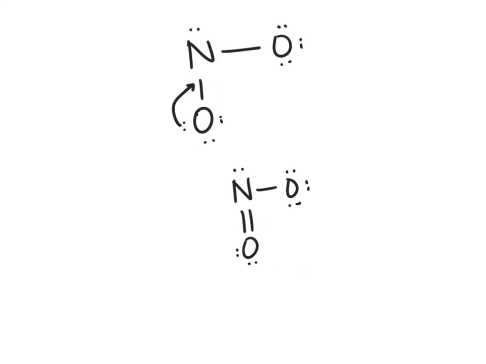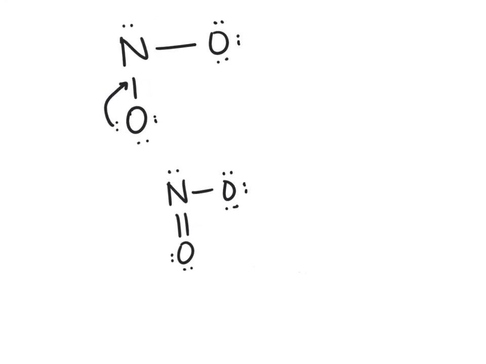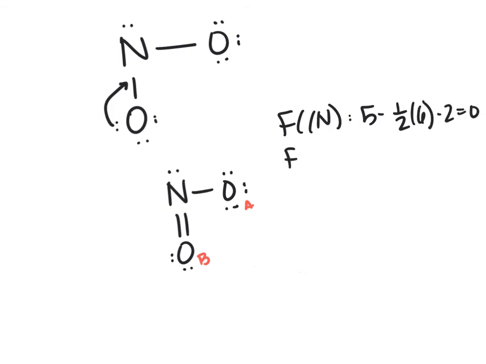So now each element has an octet, but we can tell that this is not exactly evenly balanced. It doesn't look the same, but let's look at our formal charges. We're going to label our oxygens A and B again so that we can tell them apart. The formal charge of nitrogen is 5 minus half of 6 minus 2, which equals 0. We're on the right path. The formal charge of OA is 6 minus half of 2 minus 6, which gives us negative 1.